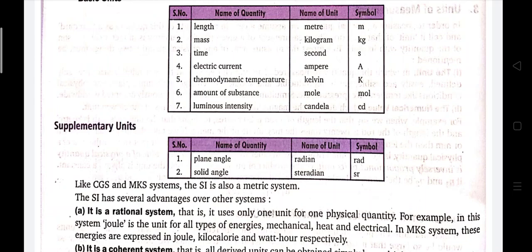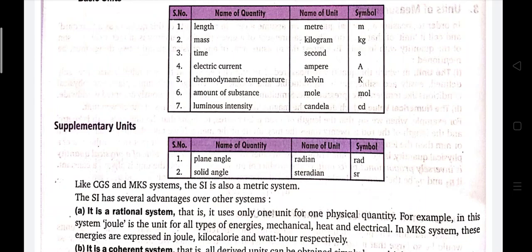For example, you must have studied different kinds of energies: kinetic energy, potential energy, solar energy, mechanical energy, heat energy, light energy. All have only one unit, the joule.